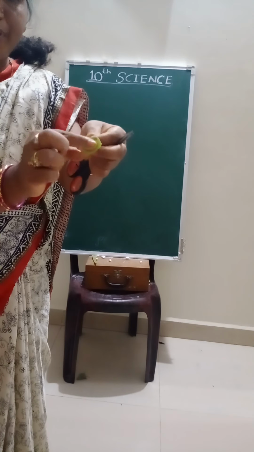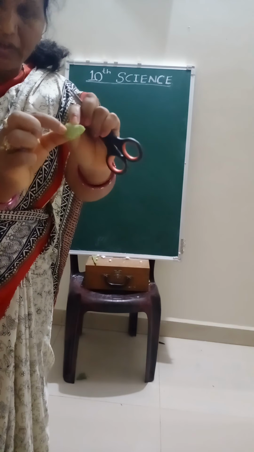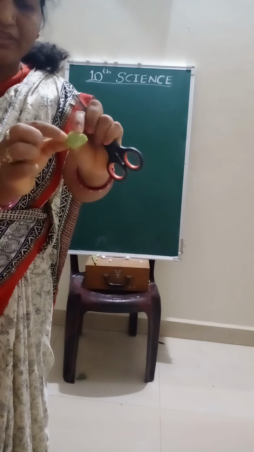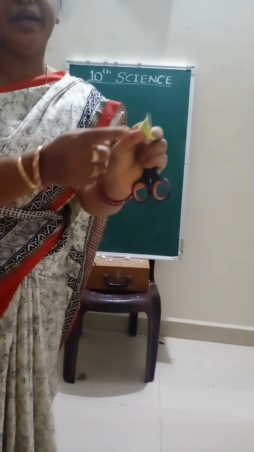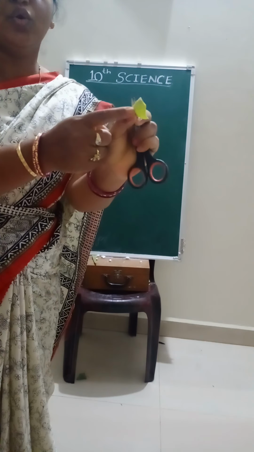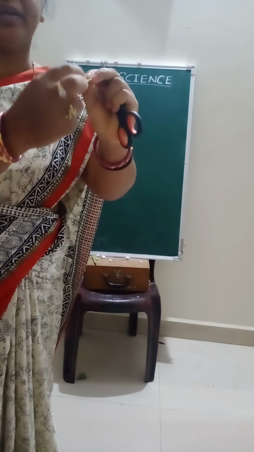So this upper part, we call it as a upper epidermis. And the lower part is called as lower epidermis. In between this, there are many parts.